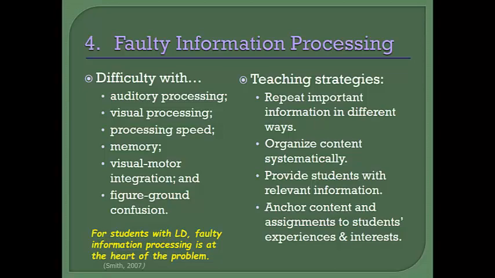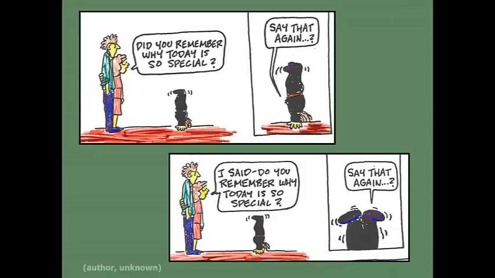Organize content systematically. Provide students with relevant information. Anchor content and assignments to students' experiences and interests. For students with LD, faulty information processing is at the heart of the problem.